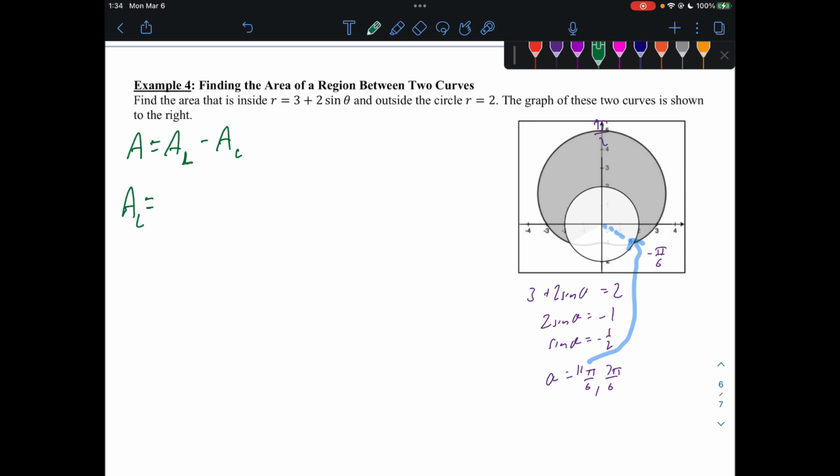If I do it now, it's 2 times 1/2 the integral from -pi/6 to pi/2 of our limacon. And then the area of the circle is 2 times 1/2, using the same bounds.